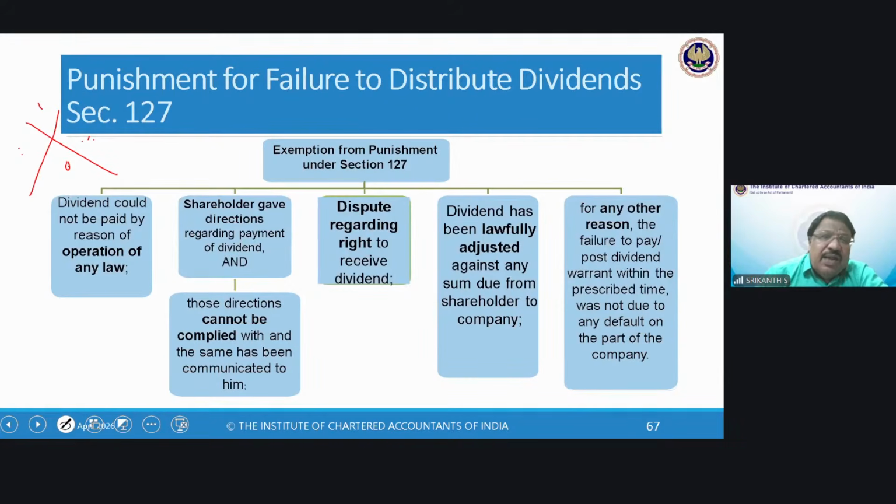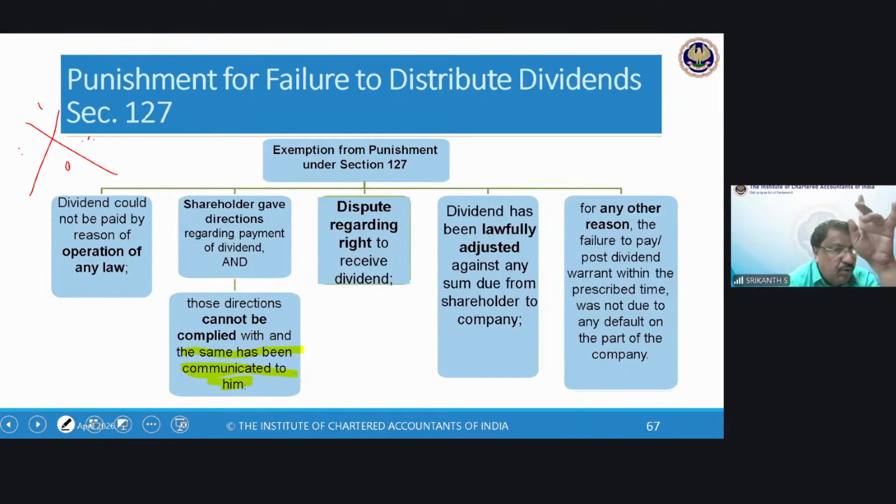Another exemption: the shareholder has given a direction regarding payment, and those directions cannot be complied with. Be careful, mere inability to comply is not enough. The same has to be communicated to him. So he wanted you to send it to one particular bank. Now, you could not do it.